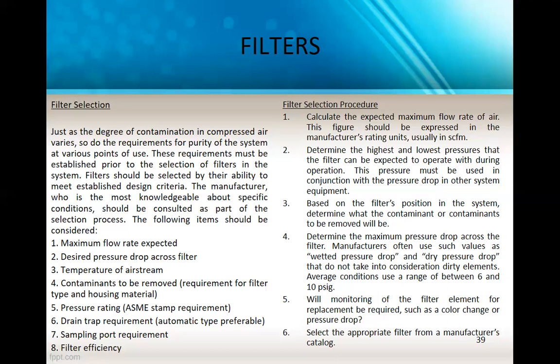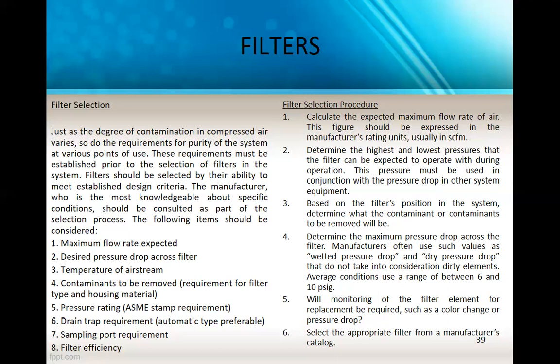Number 3, based on the filter position in the system, determine what the contaminant or contaminants to be removed will be. Number 4, determine the maximum pressure drop across the filter. Manufacturers often use ratings such as weighted pressure drop and dry pressure drop that do not take into consideration a dirty element.